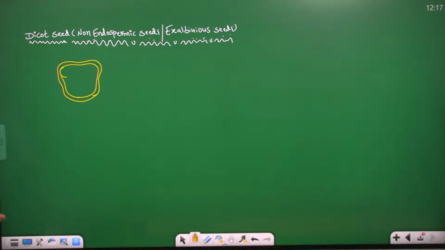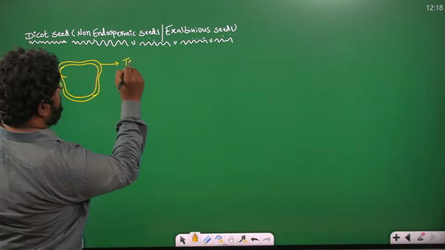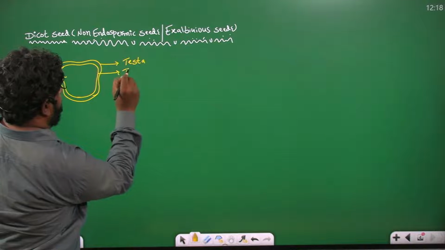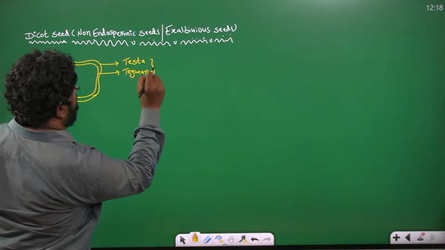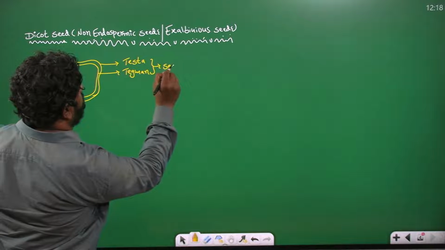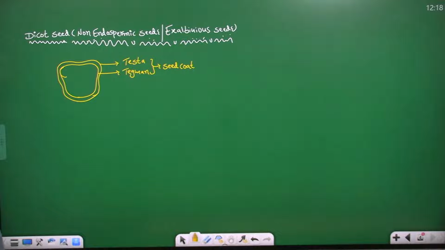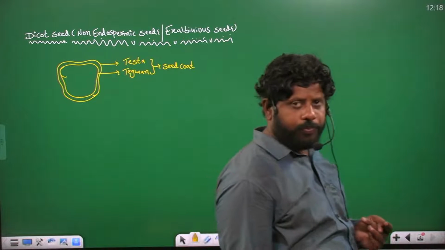So this dicot seed is surrounded by two layers. The outer layer is called testa and the inner layer is called tegmen. Testa and tegmen both collectively are called seed coat.